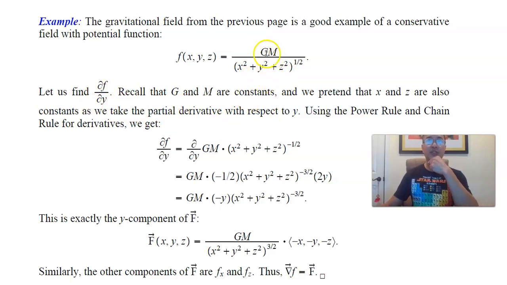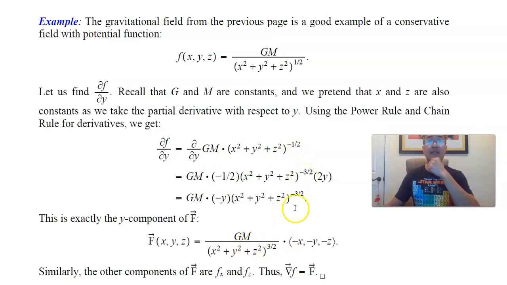GM constants, so those can go out. Power rule, 1/2, the whole thing. I'm sorry, it's not 1/2, it's minus 1/2 because it's in the denominator. So drop the minus 1/2 and then take the whole thing, subtract 1. So that becomes minus 3/2.